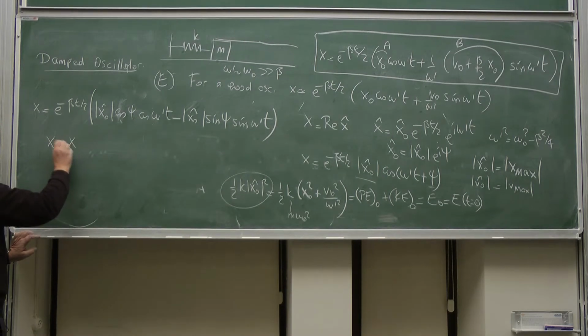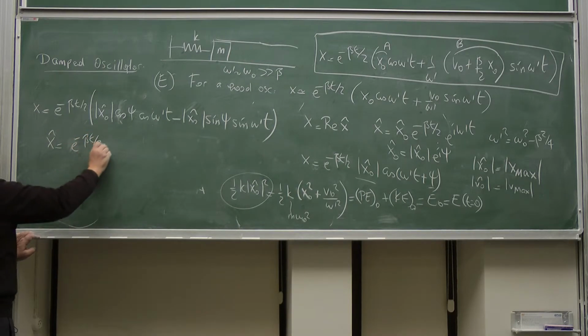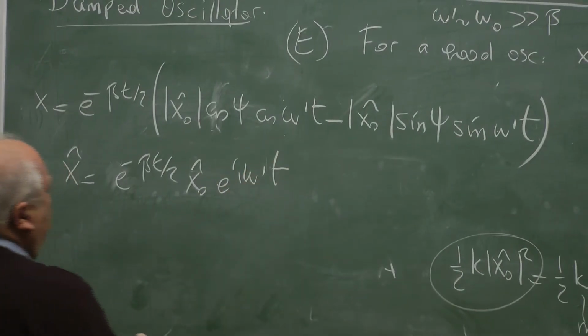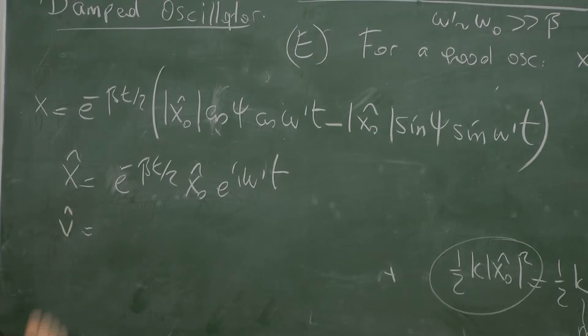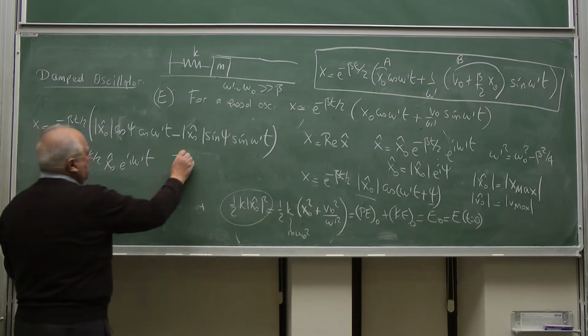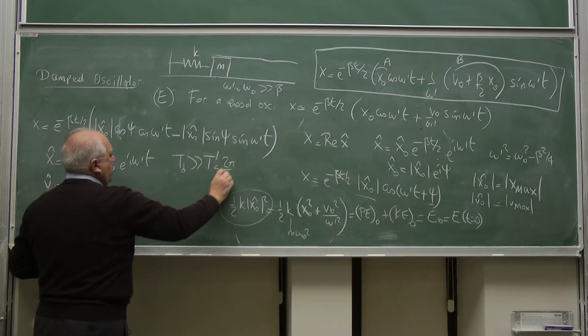x equals e to the minus beta t over 2, x0 e to the i omega prime t, and v. Now, of course, you can take the whole derivative, but for a good oscillator, again, within a few cycles, this will not change. Namely, we are assuming Td, the damping time, is very much bigger than T prime, which is 2 pi over omega prime.